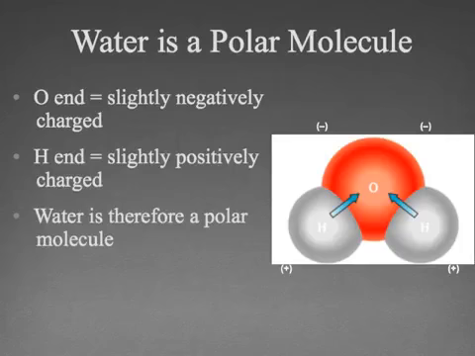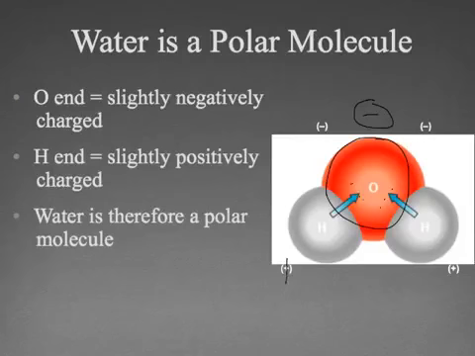So what? Why do we care that the electrons are hanging out closer to the oxygen? You have these extra electrons closer to the oxygen than to the hydrogens. So the oxygen end of the molecule ends up with a slightly negative charge because the electrons are hanging out there more often.